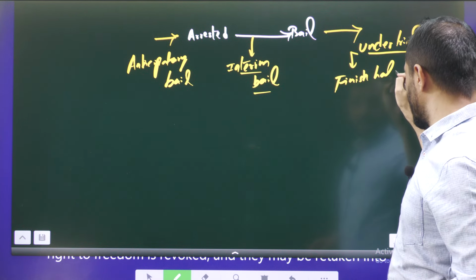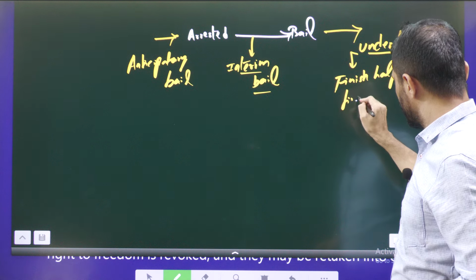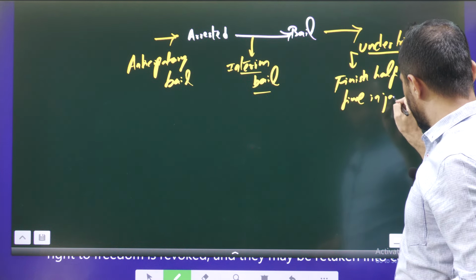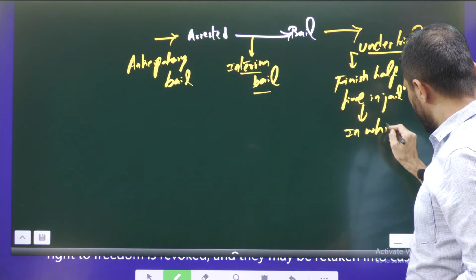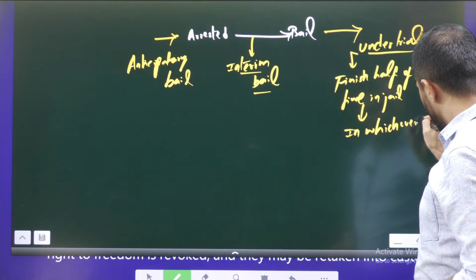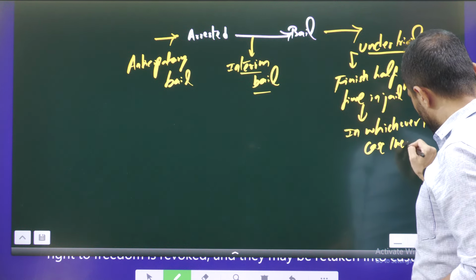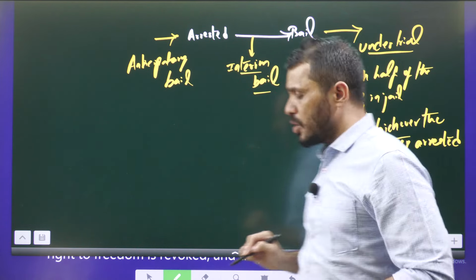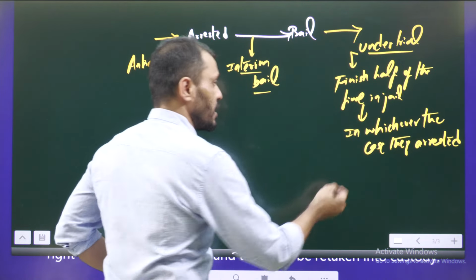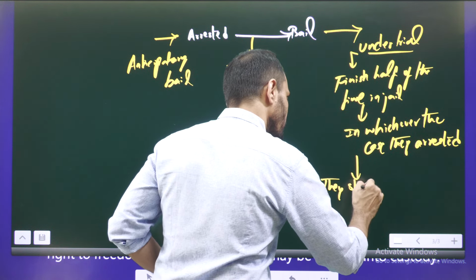If undertrials finish half of the time in jail, in whichever case they are arrested, then obviously they should be given bail.